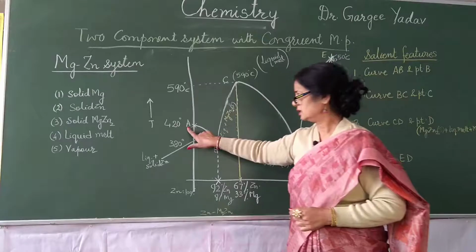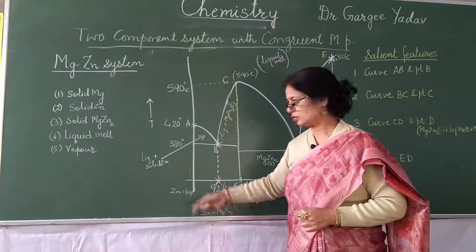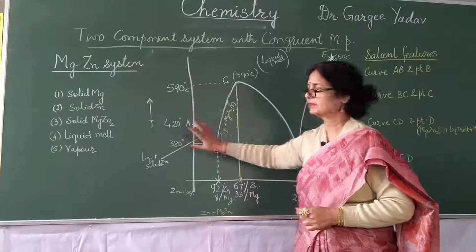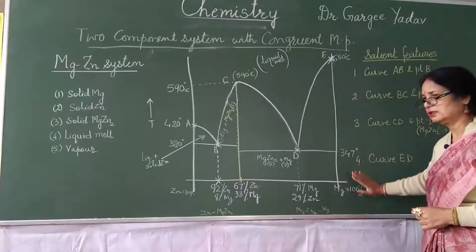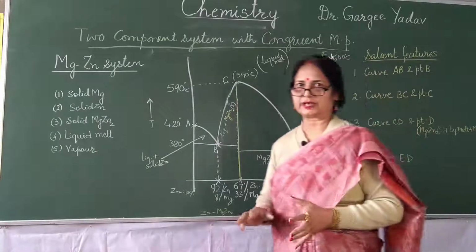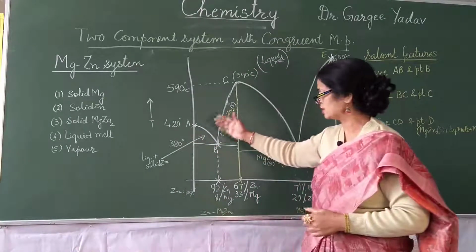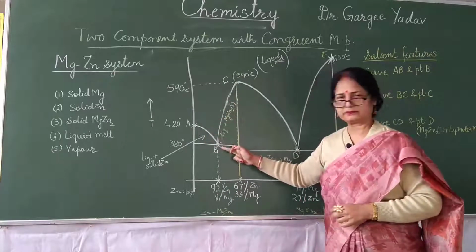This point A represents the freezing point, or you can say the melting point, of pure zinc, that is 420 degrees centigrade. And here 650 degrees centigrade represents the melting point of pure magnesium. So when we take this magnesium and zinc system, we have this curve AB in this phase diagram.